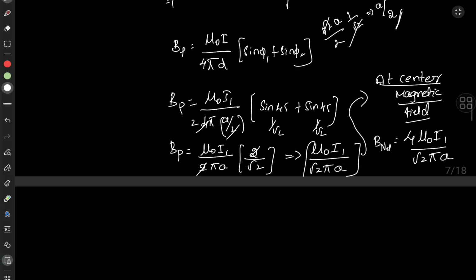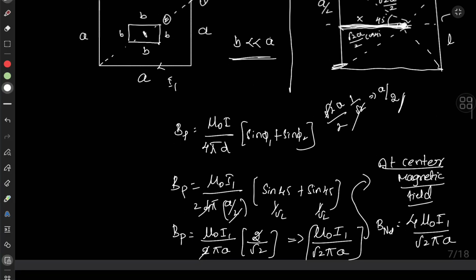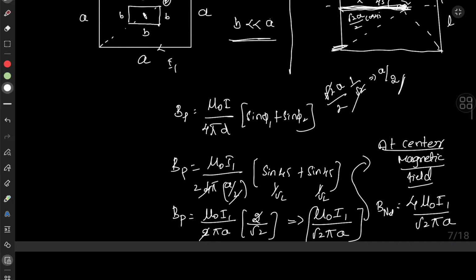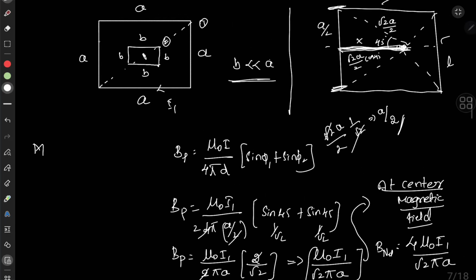Now we will calculate the mutual inductance. What is the mutual inductance formula? The magnetic field produced by this entire coil, 4 wires or 4 sides, we calculated at the center. Now we write the mutual inductance: flux linked with the second coil divided by current flowing in the first coil.